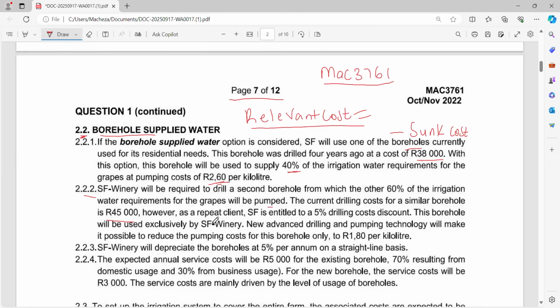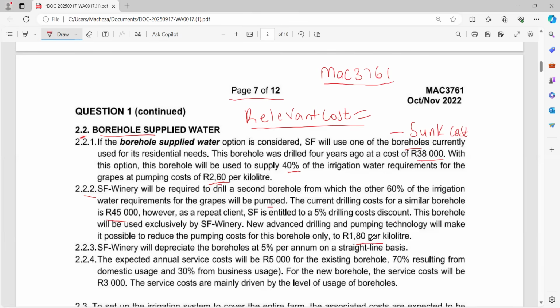However, as a repeat client, SF is entitled to a 5% drilling cost discount. The bore will be used exclusively by SF Winery. New advanced drilling and pumping technology will make it possible to reduce the pumping cost for this bore only to 180 per kiloliter.